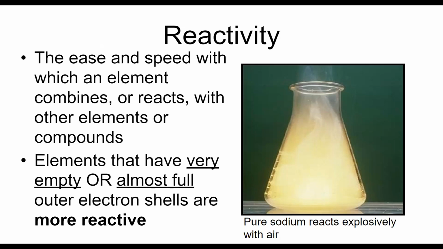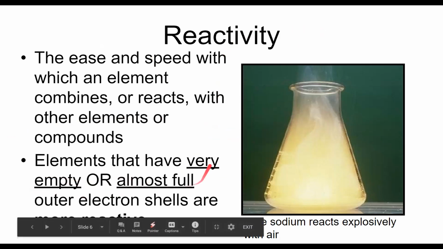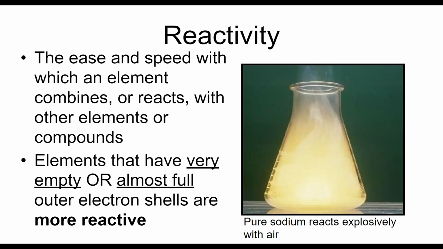So more reactive just means that they're more likely to go through a chemical reaction. And the atoms that will do this the most either have a very empty or a very full outer electron shell. Whether that's the second shell or the third shell, they want their outer shell to be full.